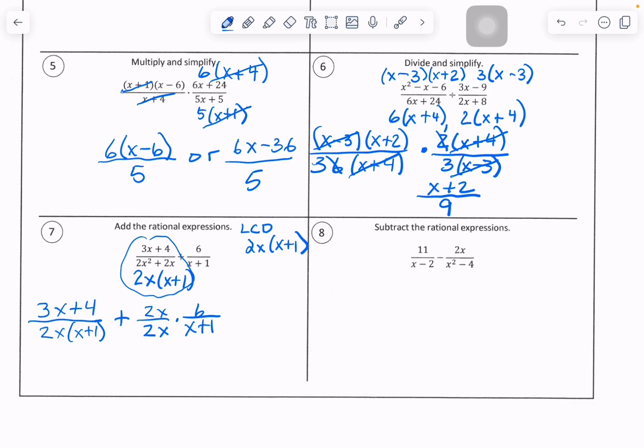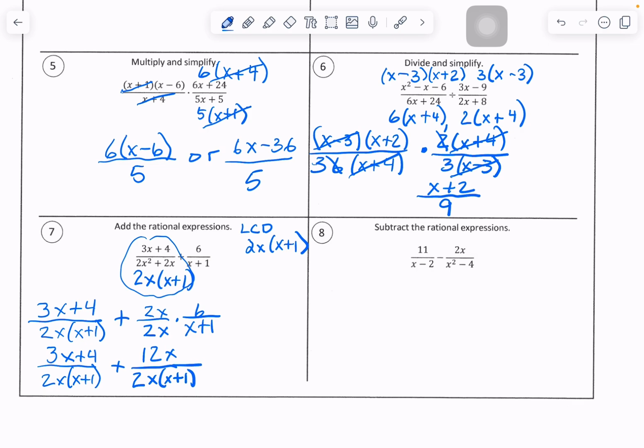All right, so the first one we have the same again, right? We have 3x plus 4 over 2x times x plus 1 plus, now I have 12x in the numerator, and I have 2x times x plus 1 in the denominator, so we have common denominators.